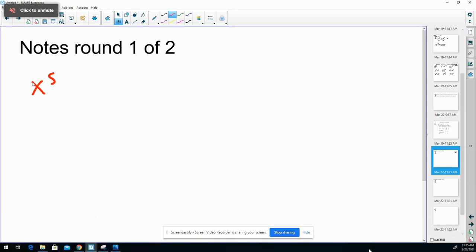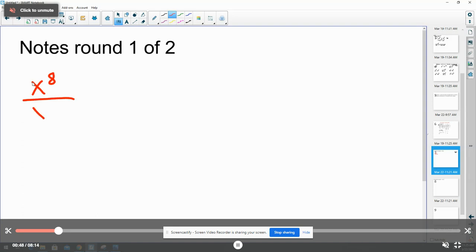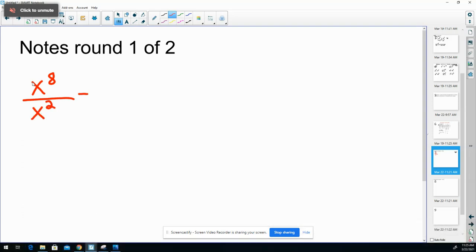So if I have x to the 8th over x squared, I apologize about the mouse. X to the 8th is just x times x times x times x times x, right? 8 of them. And x squared is x times x.